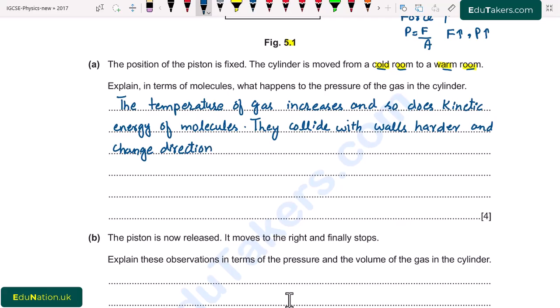So when they change direction, there will be the change in momentum. This causes a large force.